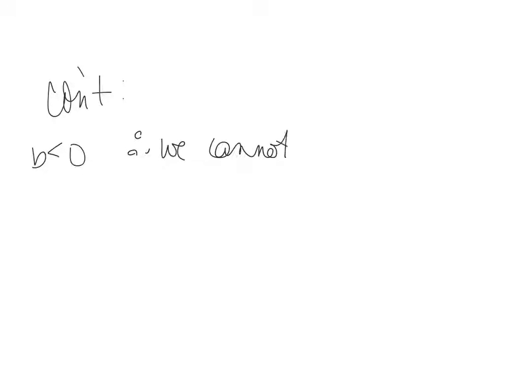So, continued on when b is less than 0. We said that it works for some values of x, but not for others. Therefore, we cannot define a function. So we can't set parameters.